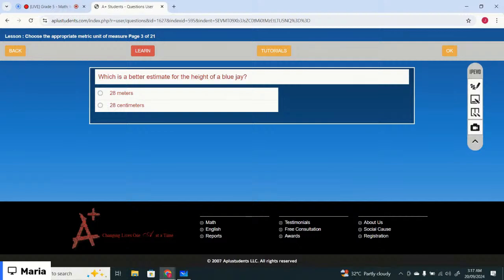Which is a better estimate for the height of a blue jay? That is 28 centimeters, I think.